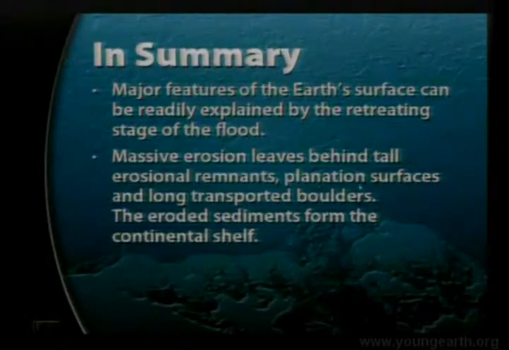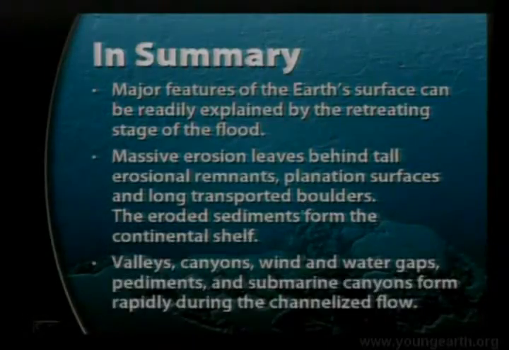It leaves behind planation surfaces that are not forming today, and it has transported boulders long distances that normal rivers wouldn't even transport 5% of that distance. The eroded sediments form the continental shelves. Valleys, canyons, wind and water gaps, I didn't talk about some of these things. Pediments and submarine canyons form rapidly during the channelized flow of the flood.